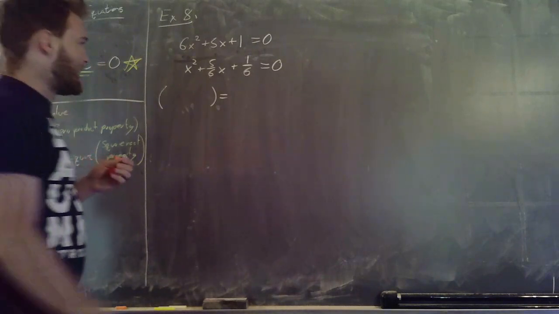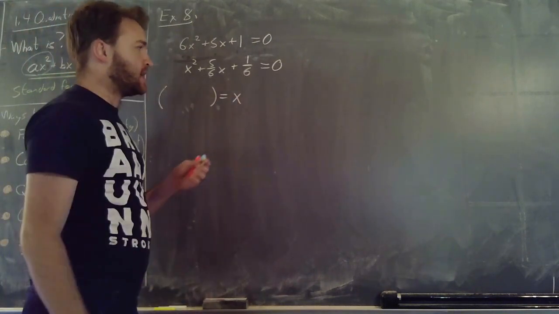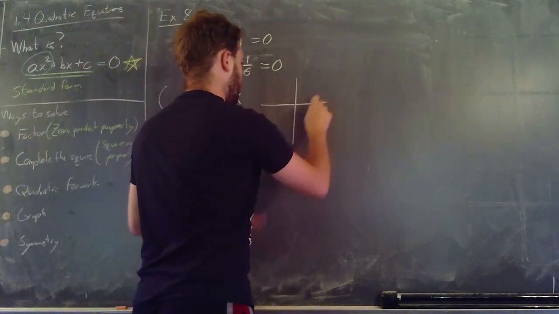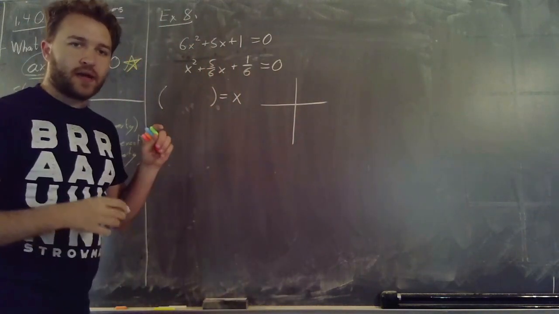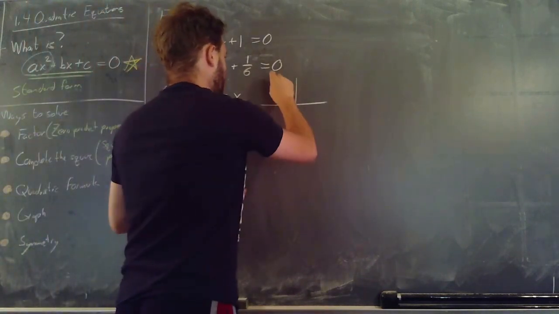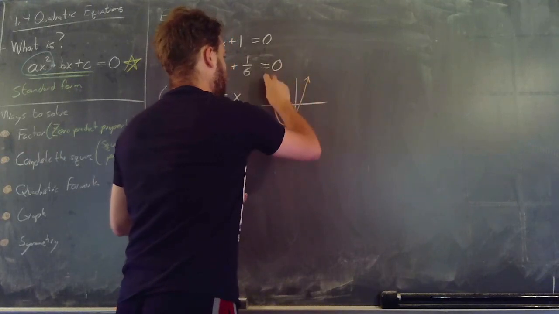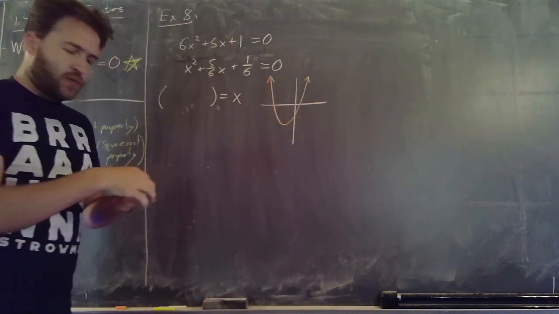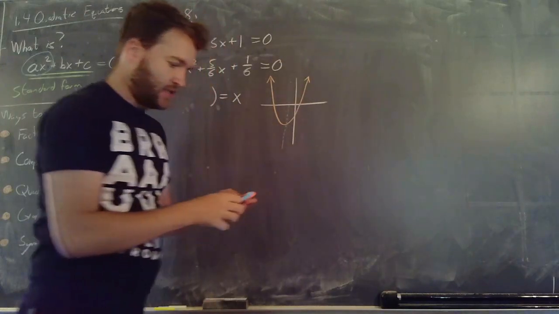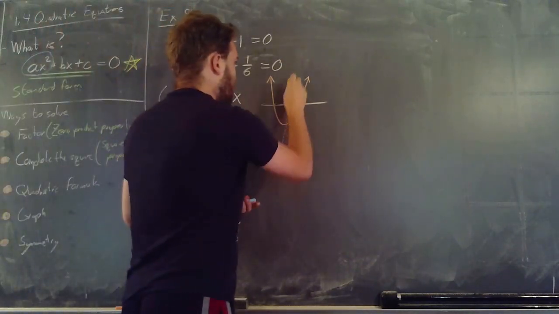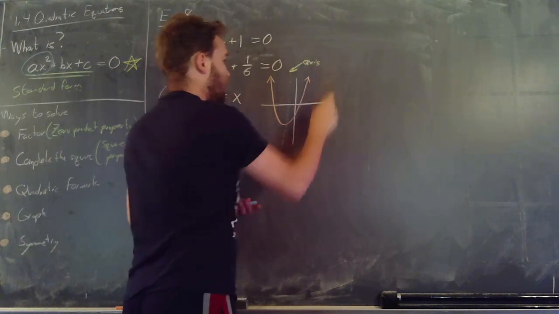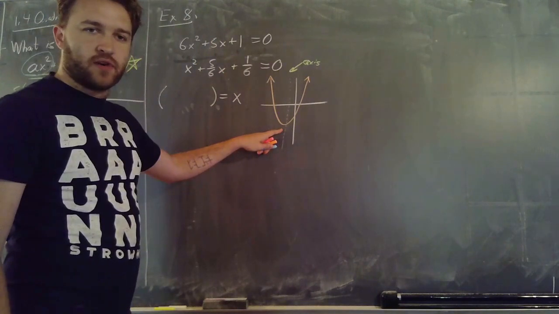And I'm going to write that down because of a feature of the graph. If I have a quadratic expression, it makes this nice parabola shape. Now, things that we should know about this parabola shape is that we have an axis of symmetry right here, which is connected to the x-coordinate of the vertex.